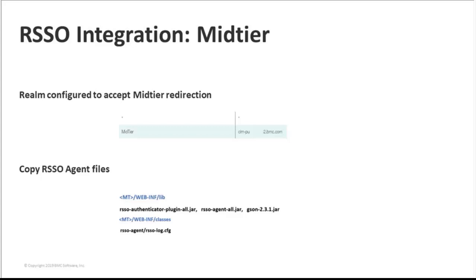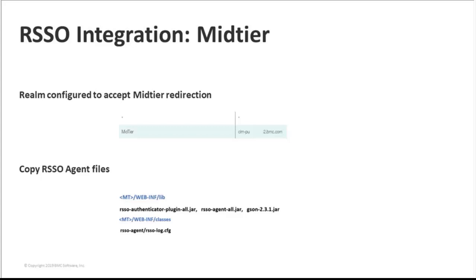Right. So before even coming to the RSSO integration, I just want to briefly cover the realm configuration on the Remedy SSO side. Each application that is integrated with Remedy SSO has to go to a particular realm for authentication. By default, we have an asterisk wildcard sign realm that is shipped with Remedy SSO, and it is mapped with the application domain of asterisk.